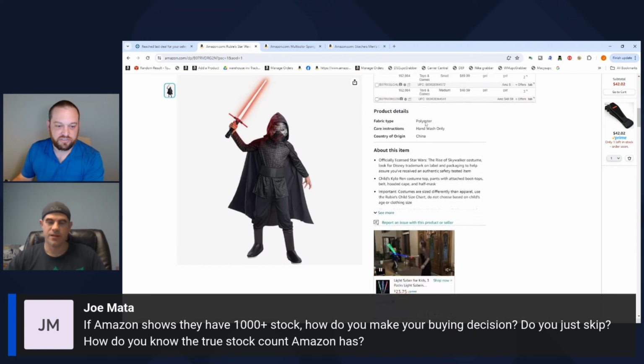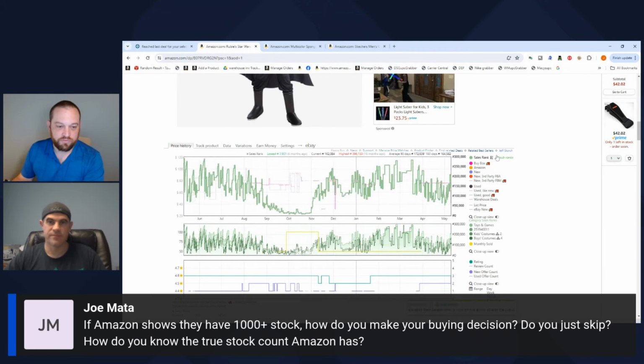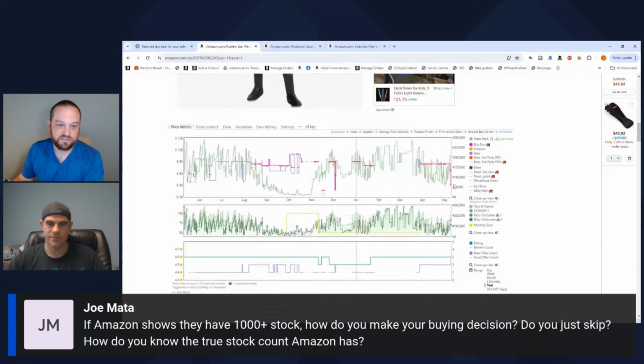You can certainly still sell on listings that Amazon's in stock on, and that's not an issue at all. You just generally have to be a little bit lower, but you don't have to. They will sell at a higher price as well, just won't move as fast. But you want to look at the Keepa data to make sure that the price isn't regularly going down to the price that you're buying at, and that it's more likely staying at that higher rate, and that they're only dropping it to match some other store's price.